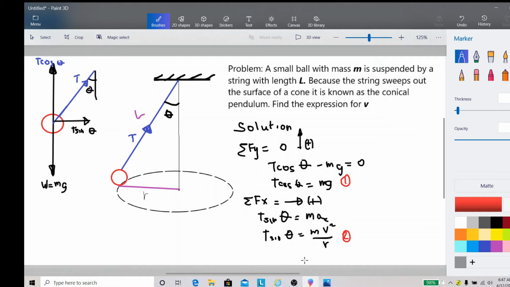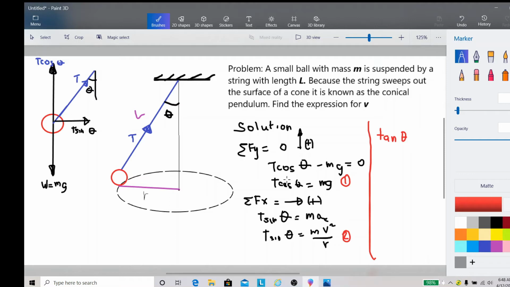Let us try to formulate an equation that will have an expression for the velocity. If we divide equation 2 by equation 1, we get T sine theta over T cosine theta, which is sine over cosine, tangent of theta.